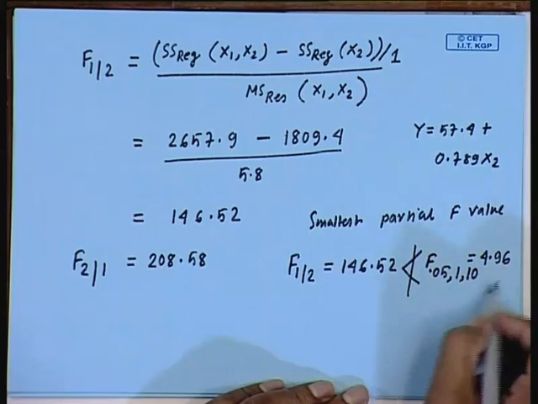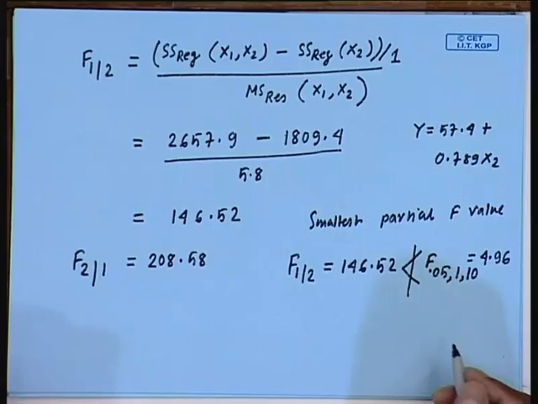but this one is not smaller than this one. So, that means the model we have at this moment involving x1 and x2, both are significant. I mean both x1 is significant in the presence of x2, and similarly x2 is also significant in the presence of x1. That is why their partial f statistic values are large, and we can't remove any of them from the model.